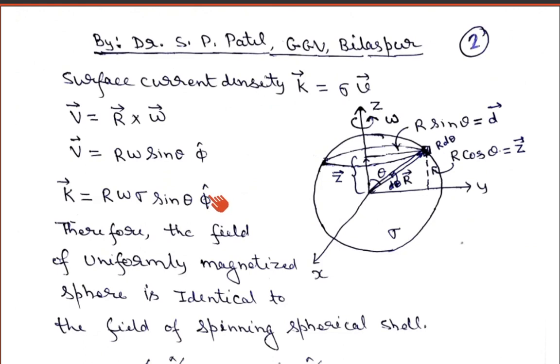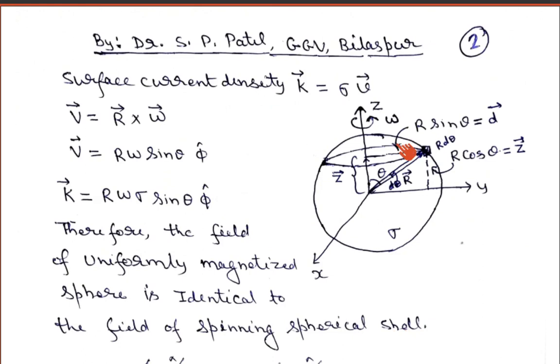Now it means the magnetic field of a uniformly magnetized sphere is identical, or exactly equal, to the field of a spinning spherical shell, okay. It means whether we calculate the magnetic field due to a magnetized sphere or due to a spinning or rotating sphere, the magnetic field will be identical.